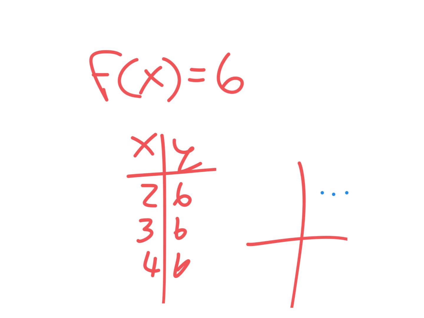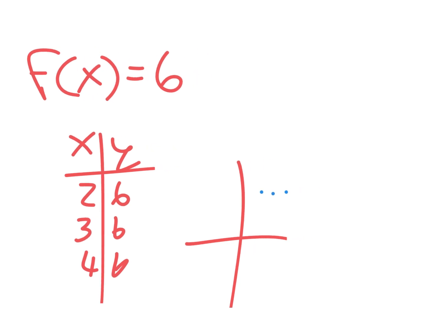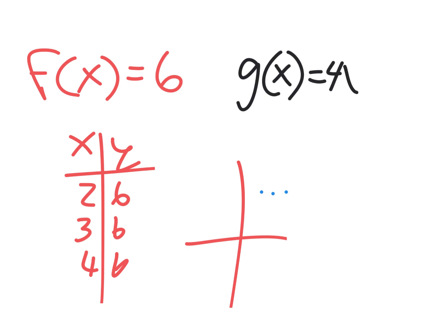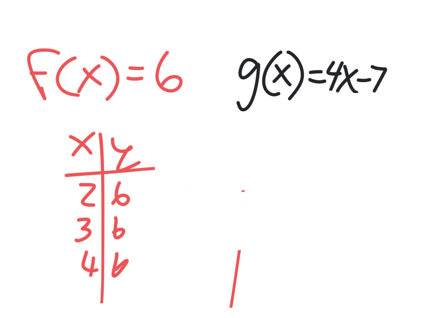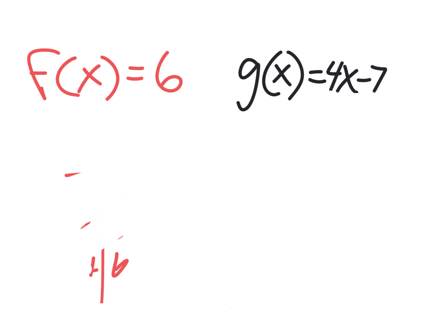All right. So here's another weird thing we can do with functions. What if I say, I want f of x to be 6 and g of x to be 4x minus 7. What if I say, I want 3 g of x? Now, some of you think I just said g of 3. I did not. 3g of x.